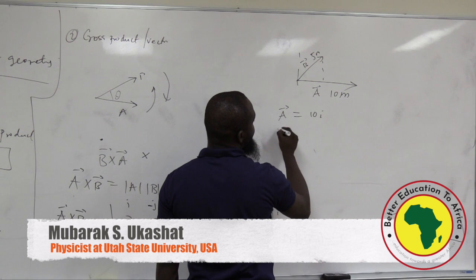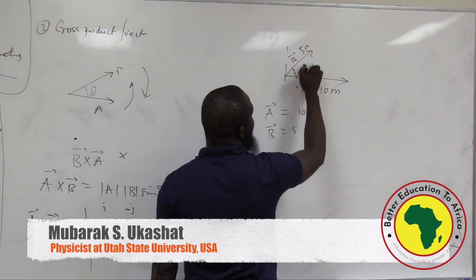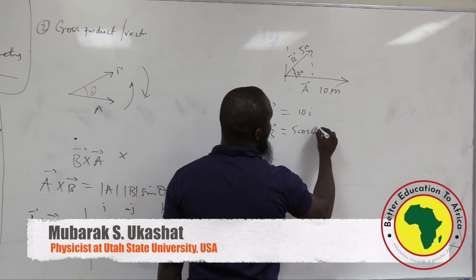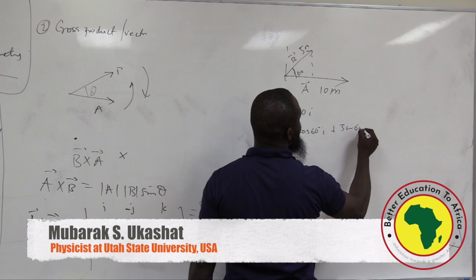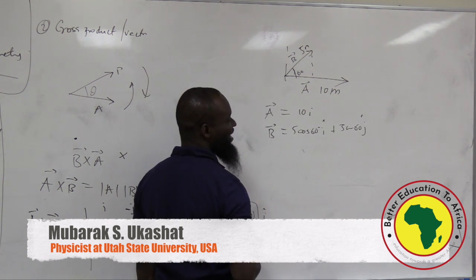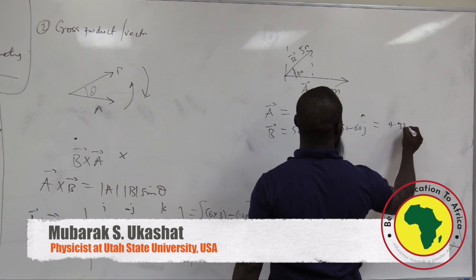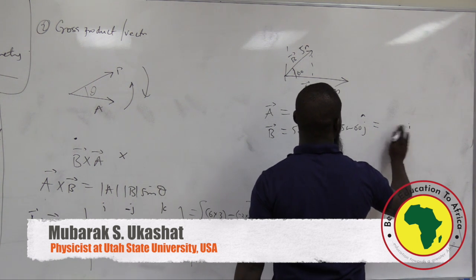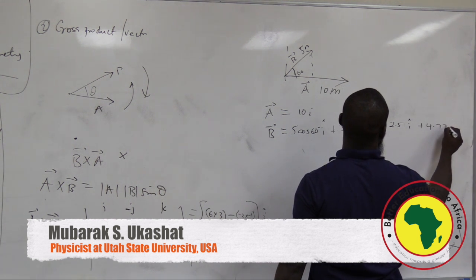Vector B is, here was 60 degrees, 5 cos 60 i plus 5 sine 60 j. You see that? I've written it in terms of position vector. So this will give me 2.5i plus 4.33j.